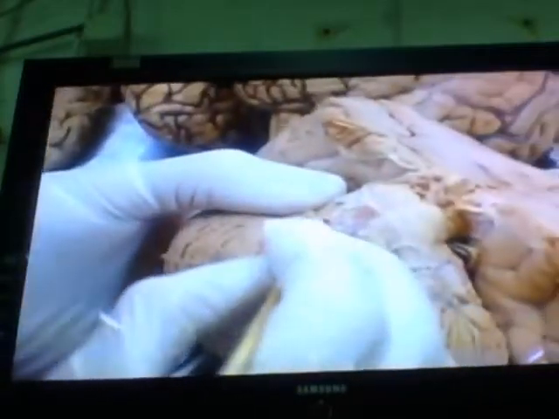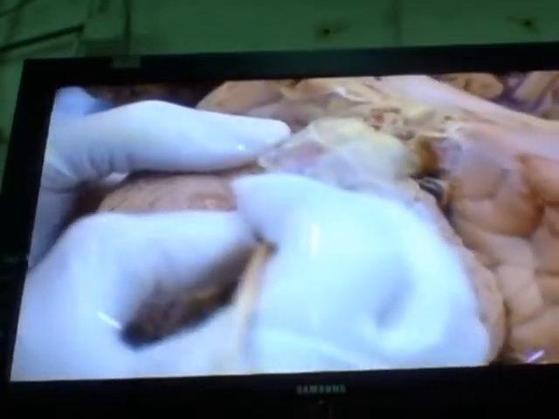Let me try to see if we can. Here, you have 6 and 7.